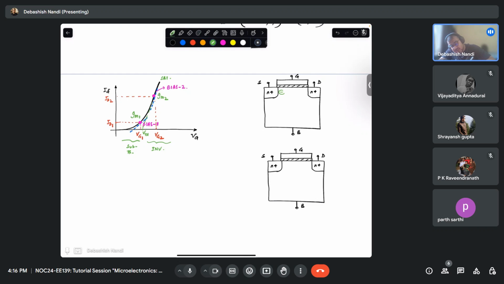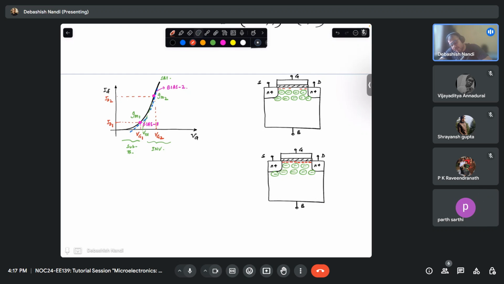So basically, what is happening in one case, I have majority charge as the depletion charges and very few electrons. In another case, I have depletion charges, but I have a lot of electrons. Okay, understood? Yes, sir.